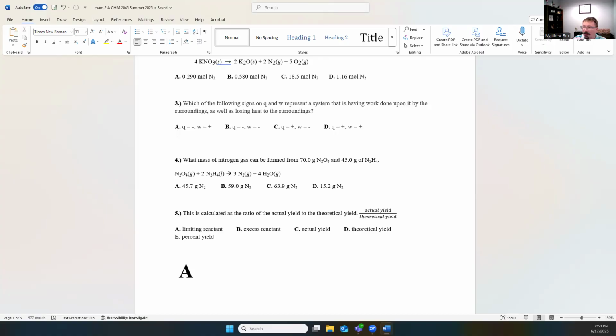All right. Now we have another limiting reactant problem now. All right, so we've got our balanced equation.